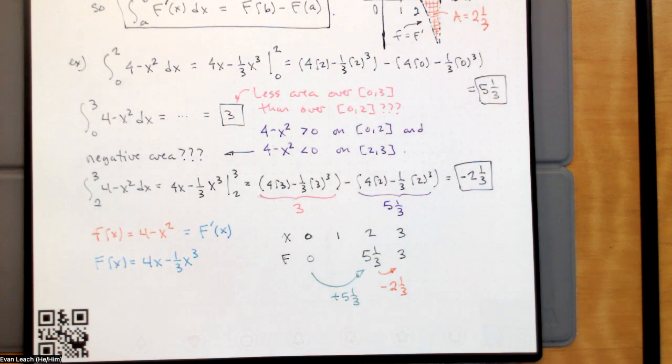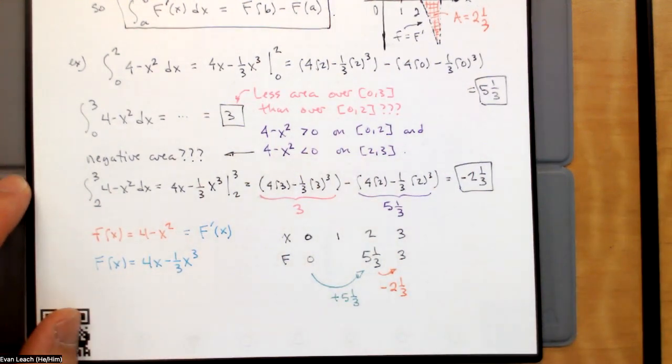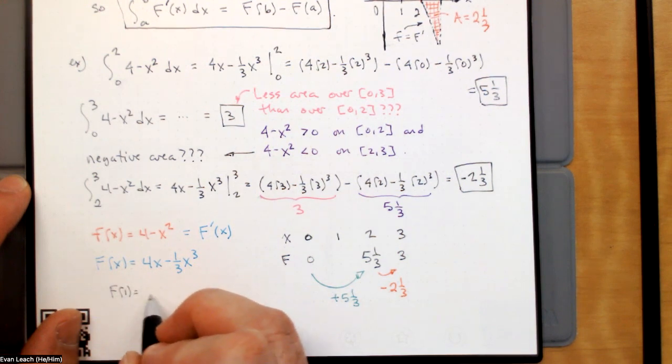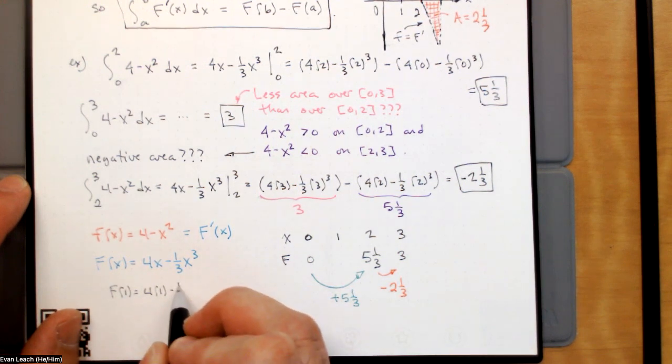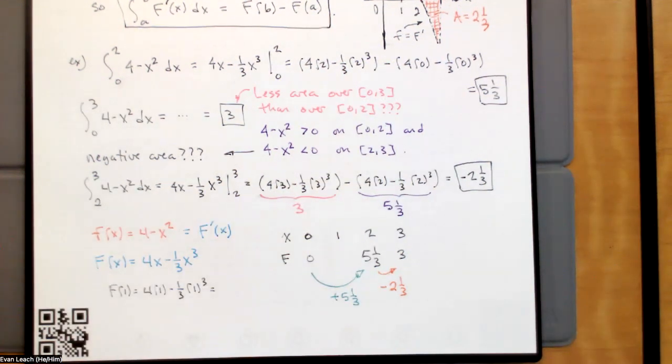If we evaluate the function capital F at 1, fill in this blank, we get 4 and negative 1/3. That's not how we normally report that number.